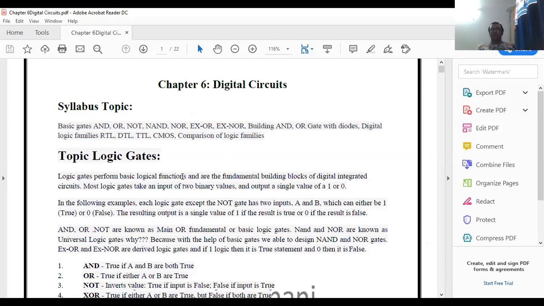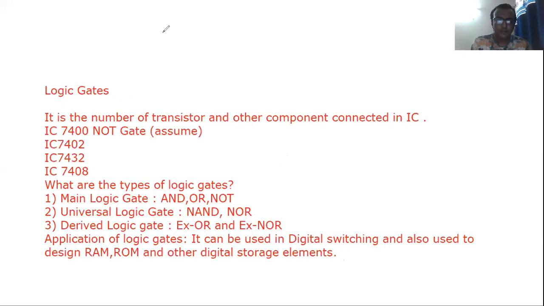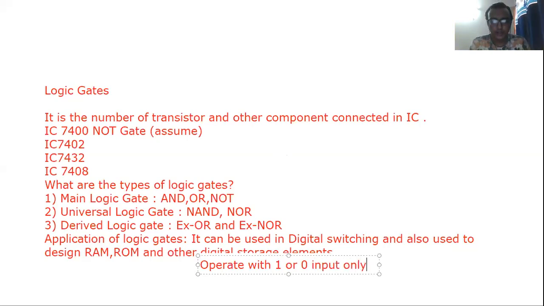Either 0 or 1 can be considered as the input of logic gate. It can operate with digital signal only, with 1 or 0 input only.